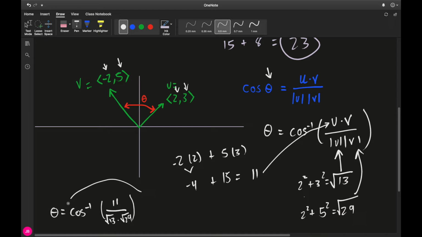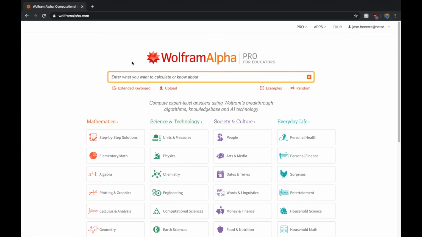So all that's really left to do is to go ahead and plug this into any calculator, in whatever units we want our angle to be in. In this case, if we want our angle to be in degrees, then we're going to make sure that our calculator is in degree mode. So let's look up a calculator.